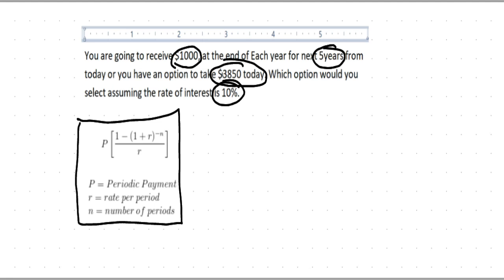So P in the given case is 1000, R is 10%, N is 5.